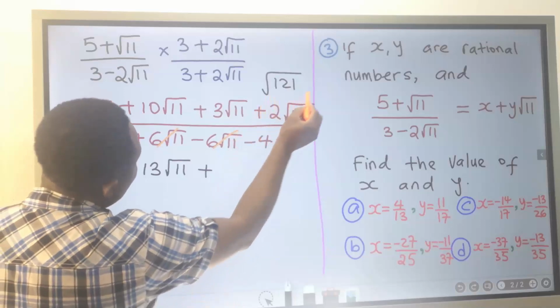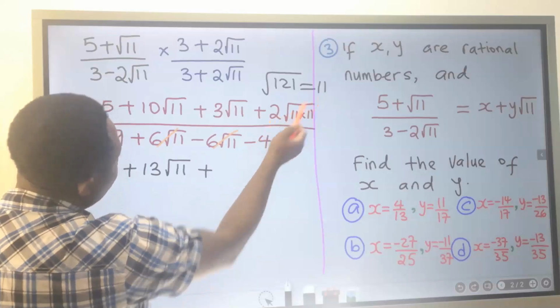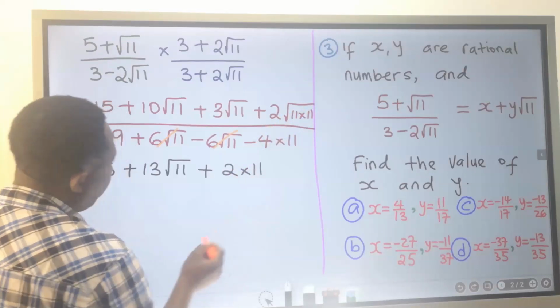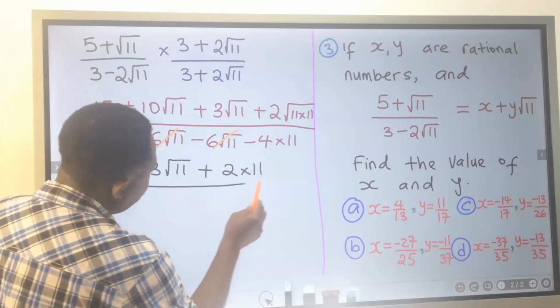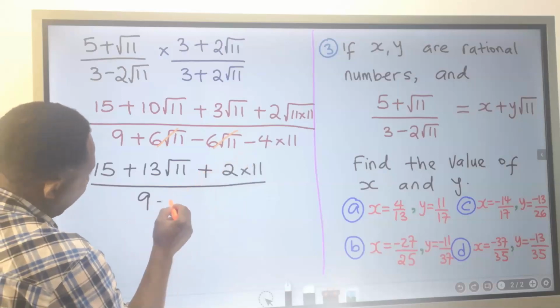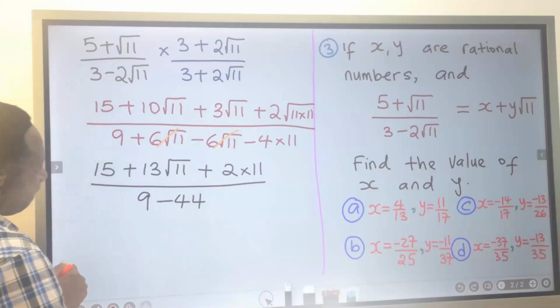The square root of 11 times 11 is 11. This will become 2 times 11. At the denominator, this is 9 minus 4 times 11, which is 44.